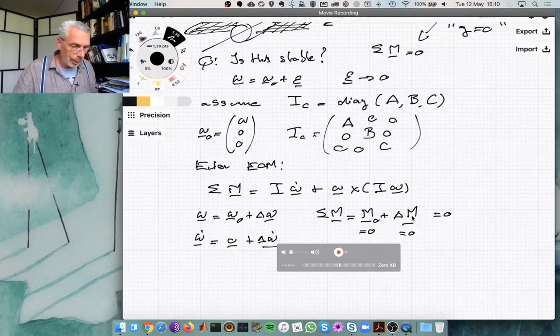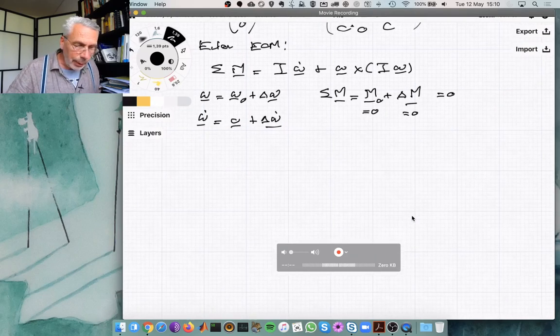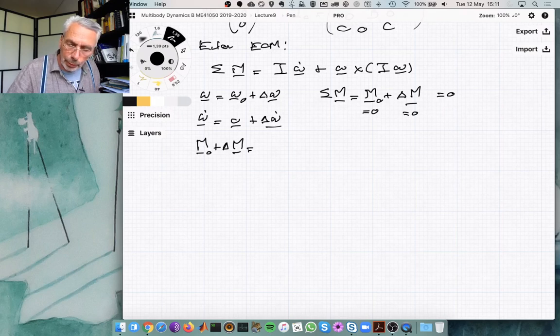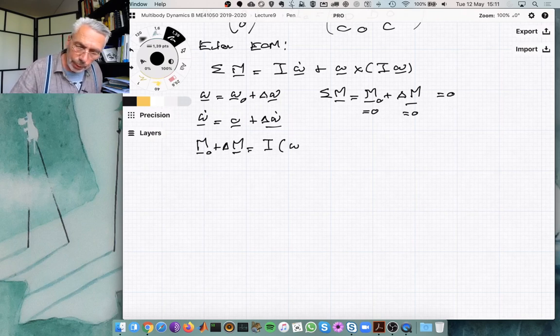Likewise, there is no torque. Putting that into the equation is just some scribbling, but of course we get M0 plus delta M, and we will see how that's 0. Then the first is the angular acceleration, omega dot 0, but that was 0, so let me already put that in.